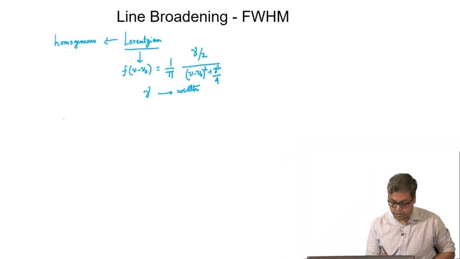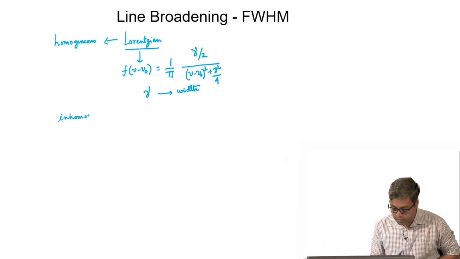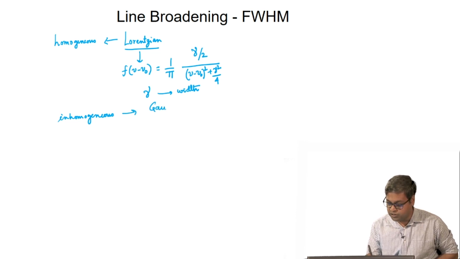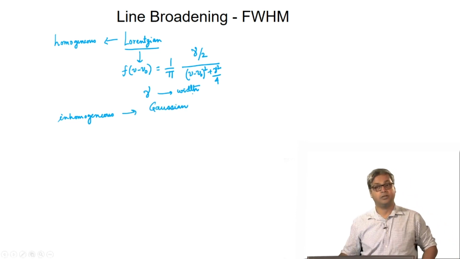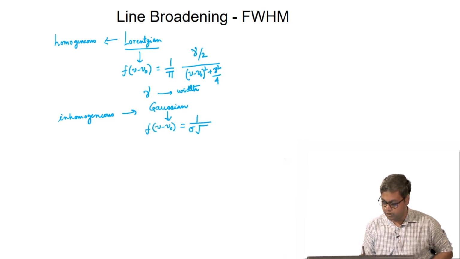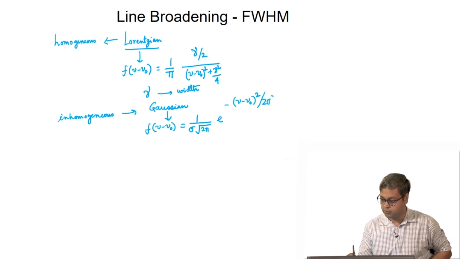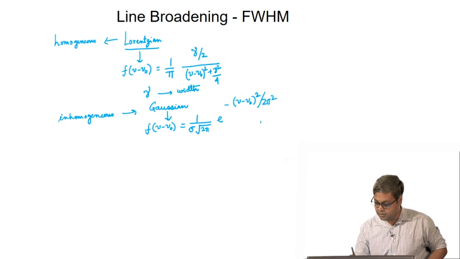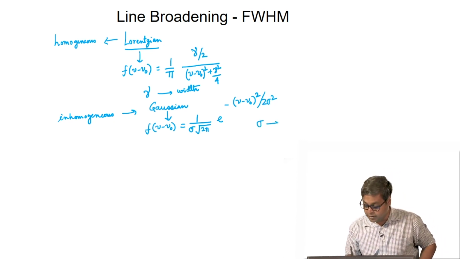The inhomogeneously broadened spectrum is given by a Gaussian line shape function. And the Gaussian line shape function can be written as f(nu minus nu 0) equals 1 by sigma root over 2 pi times e to the power minus (nu minus nu 0) squared by 2 sigma squared. Here sigma is related to the width of the spectrum.